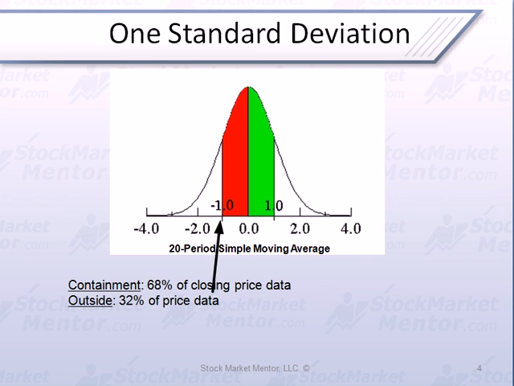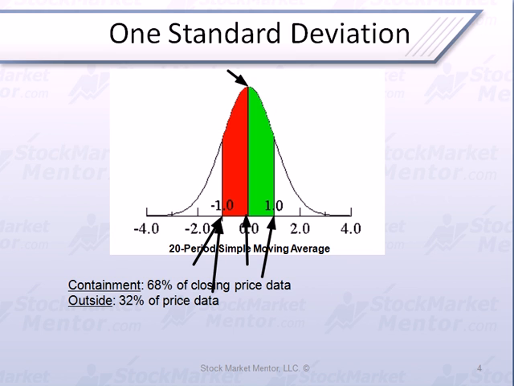One standard deviation. This is the midline right here. This would be the value of that 20-period moving average. This is one standard deviation above. This is one standard deviation below. Most of the prices are going to be hovering right around this midline, the 20-period moving average.